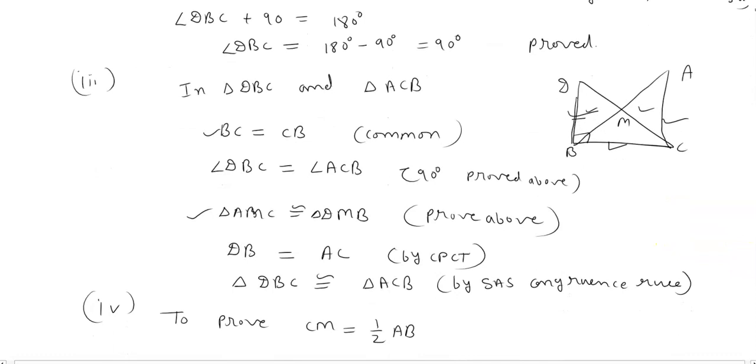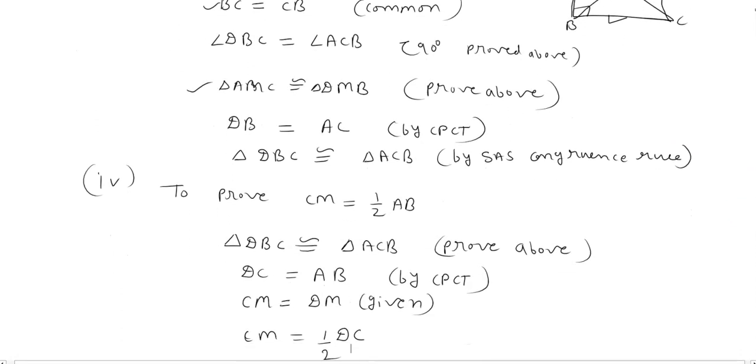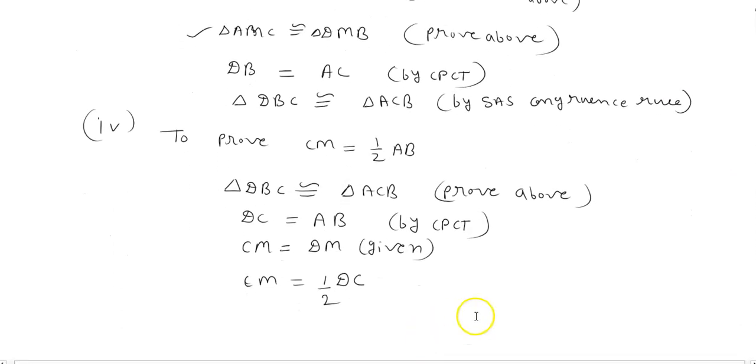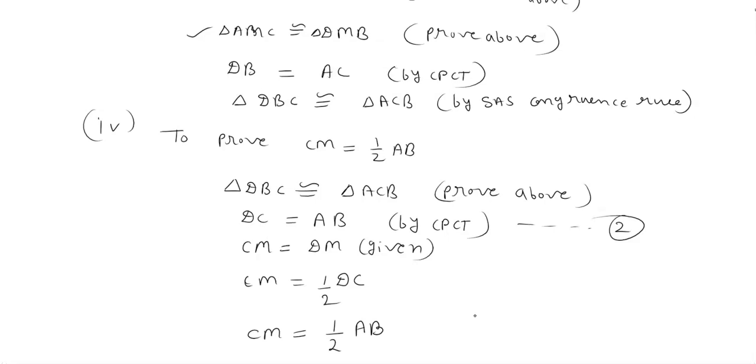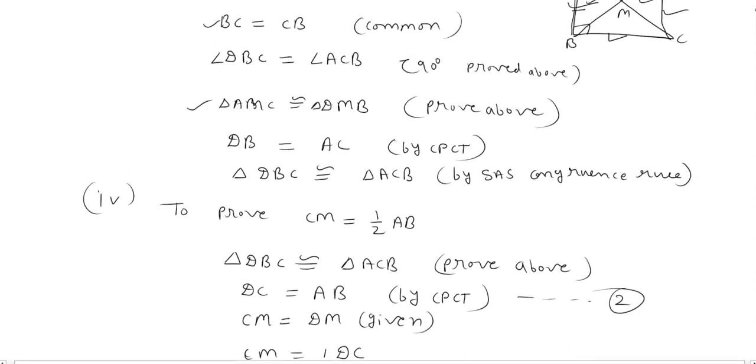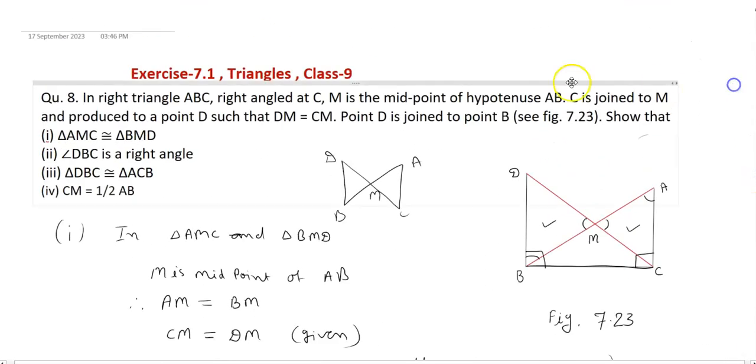So we can say CM is half of DC, and DC is equal to AB, so we write AB in place of DC. So the fourth question is also proved. Now this is the solution for this complete question. Got it?